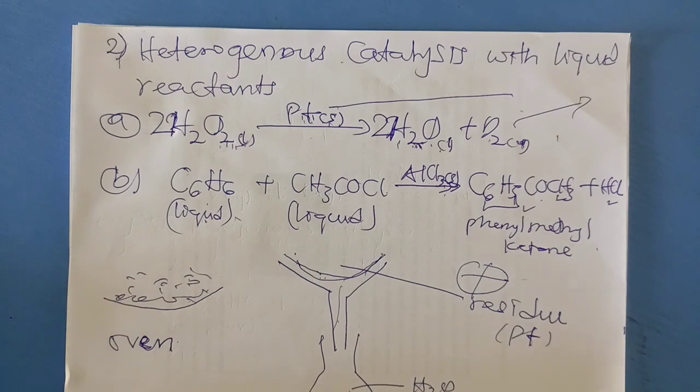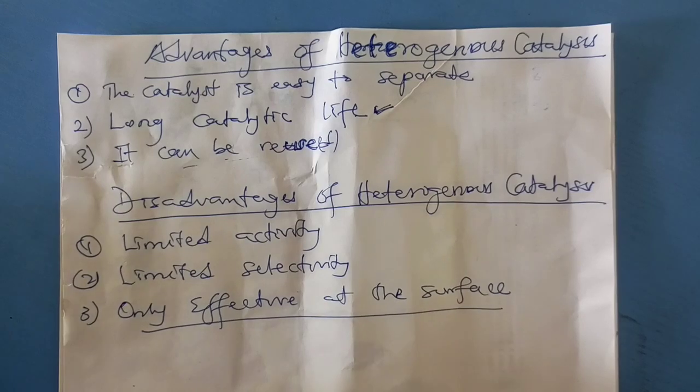That takes me to advantages and disadvantages of heterogeneous catalyst. I believe you can even draft out the advantages yourself from my explanation. So you can have it now that the advantage of heterogeneous catalysis is that the catalyst is very easy to separate, and it has long catalytic life, because you can reuse it at different times.